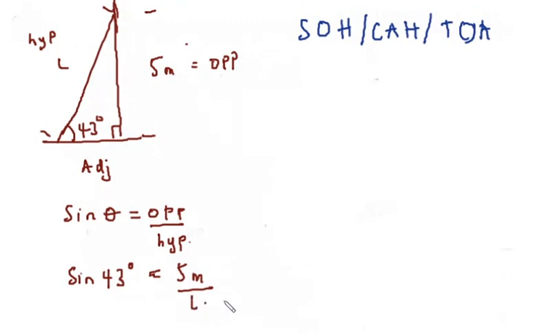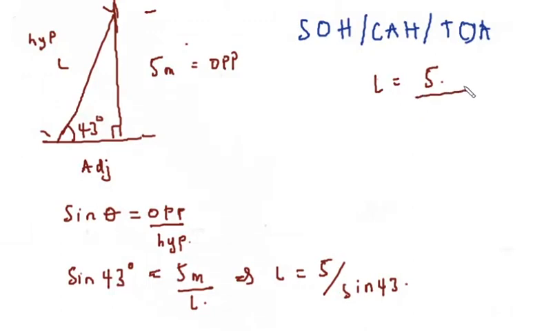The hypotenuse is L. If you cross multiply, L is equal to 5 divided by sine 43.